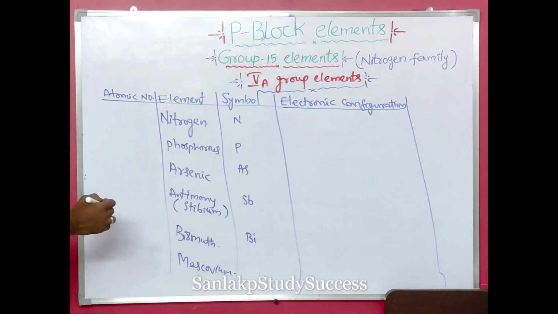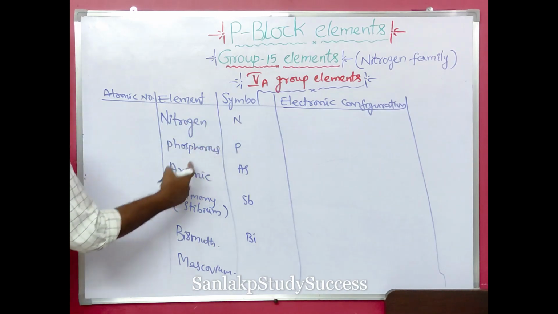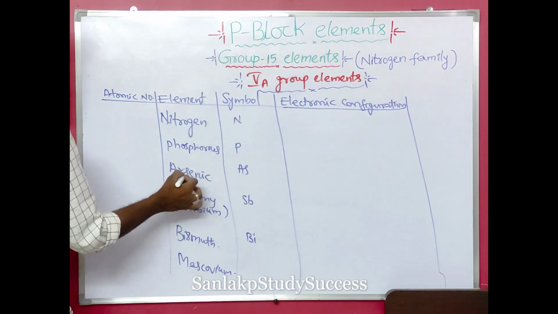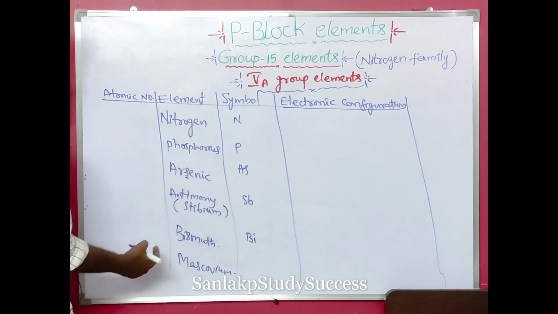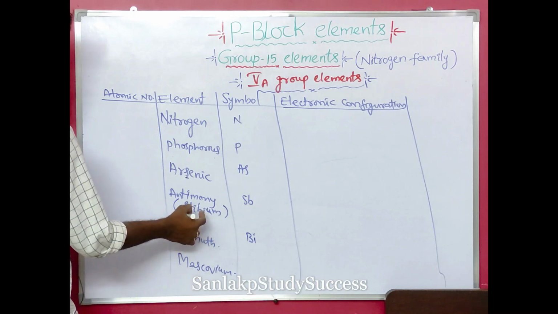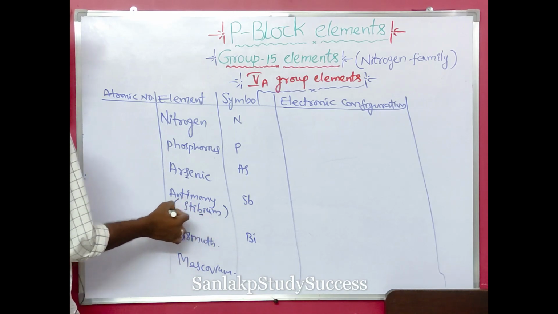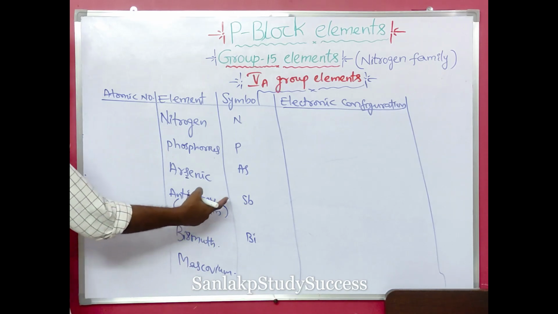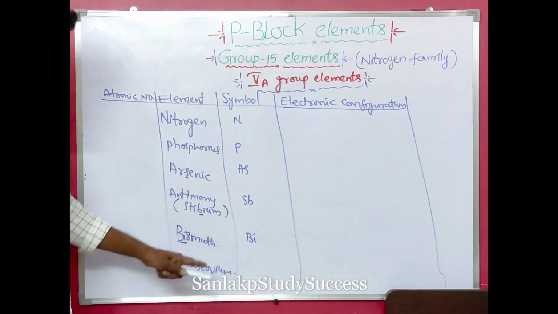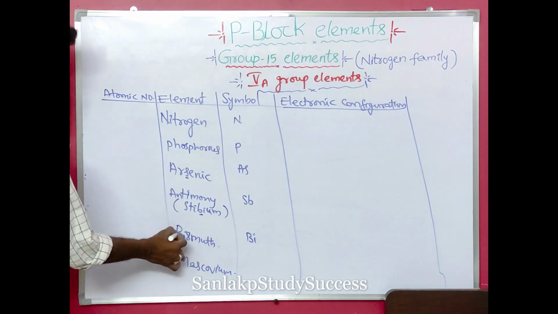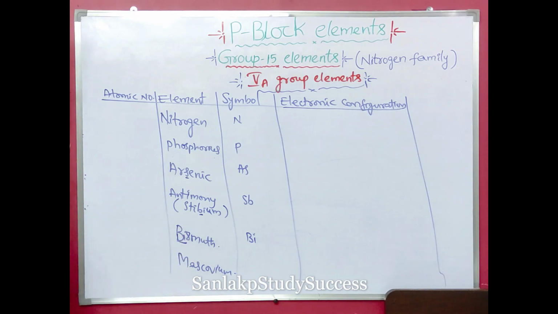Here stibium, this b is the stressing letter, that is added to the first letter, Sb. And for bismuth, what is the first letter? B is already given for boron, so the first two letters are taken.